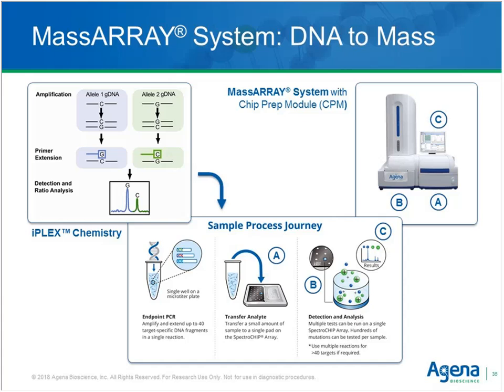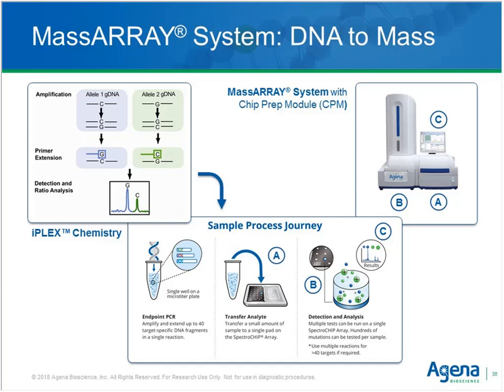So that is the underlying principle, which is the wet lab part. That's the only wet lab part that you have to do. It's just a PCR-based, primer extension-based reaction. The rest is done in an automated fashion. The rest is just spotting the reaction product onto an inert silica chip that is then automatically transferred into the detection chamber and detected by the mass spectrometer.